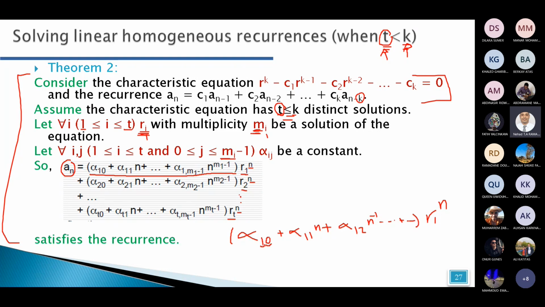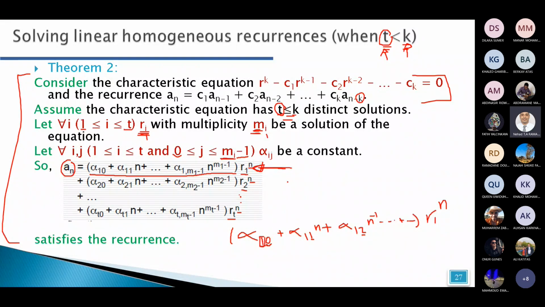The 1 comes from the fact that we are at the first solution. The 0 refers to the multiplicity. The index goes from 0 to multiplicity minus 1, so 0, 1, 2, and so on, to number the constants. And the first part means this constant belongs to the first solution.